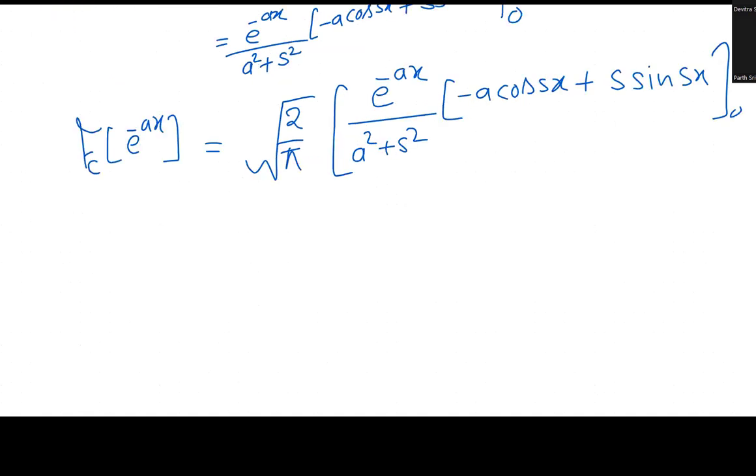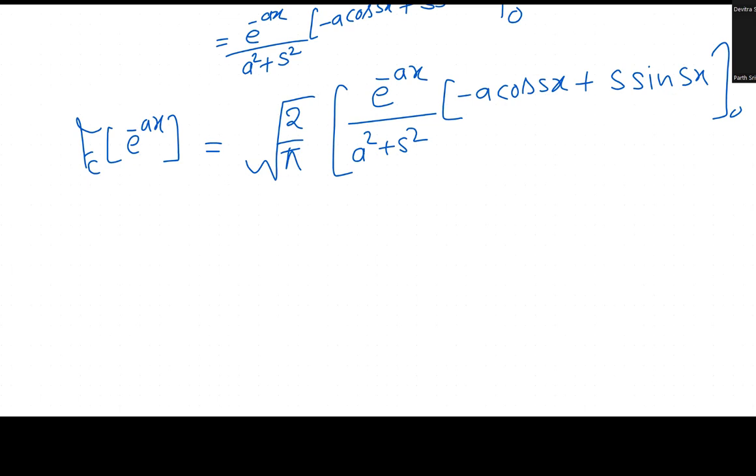So for infinity, when we apply x equal to infinity here, this will be e to the power minus infinity, which is 0, so the entire term will be 0.